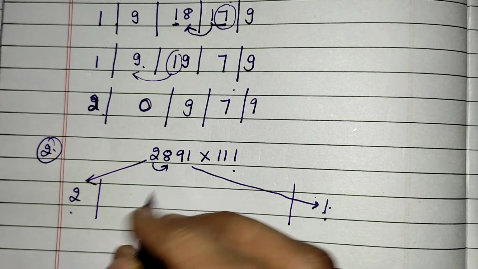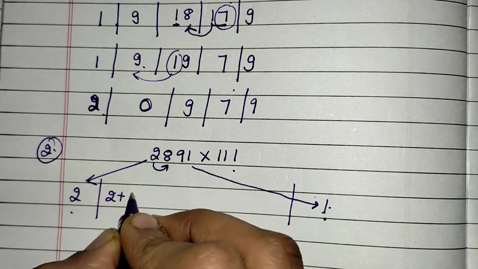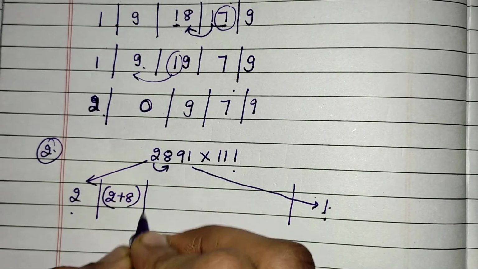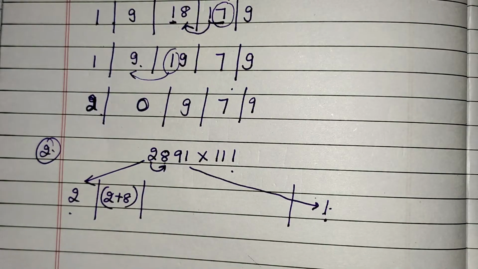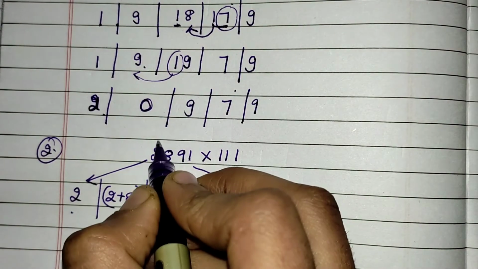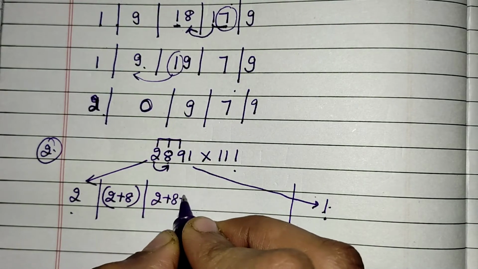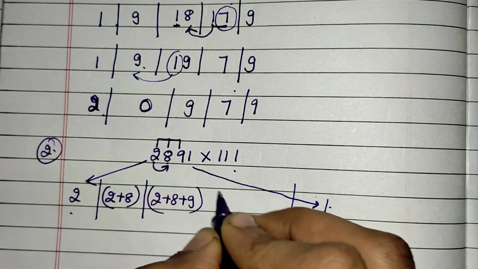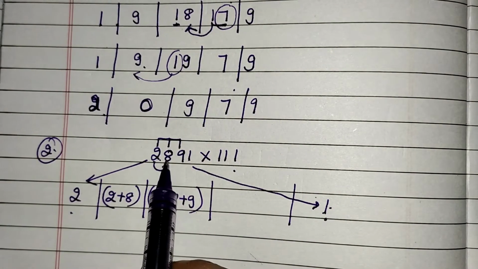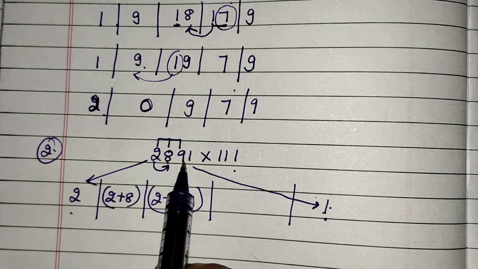So as I have told you, for the first place you will write down the sum of only two digits, 2 plus 8. Okay, next you will write down these three digits, 2 plus 8 plus 9. Okay, first plus second plus third digit, right?